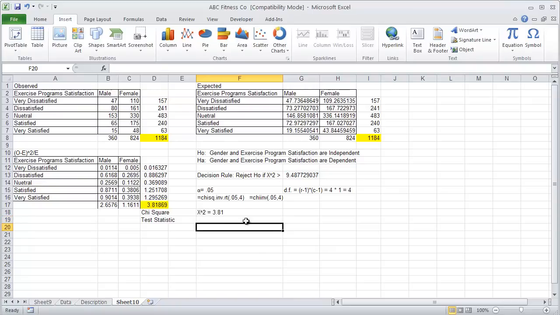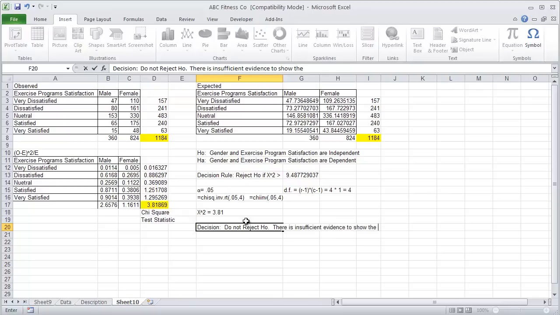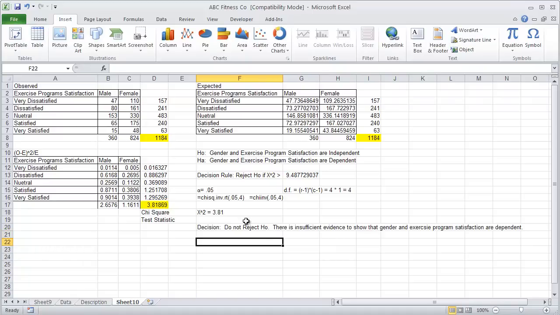So therefore, based on our decision rule, our decision is to not reject H sub O. There is insufficient evidence to show that gender and exercise program satisfaction are dependent. So there's not enough evidence to show that there's a relationship there.